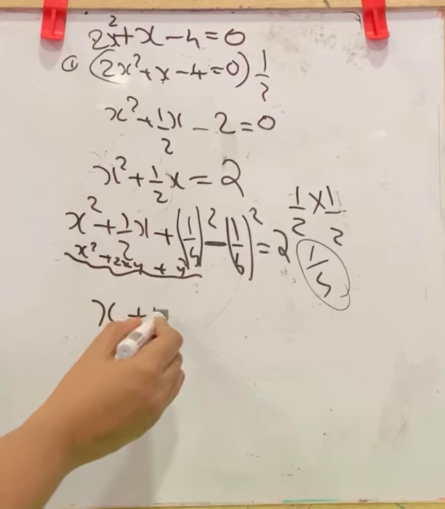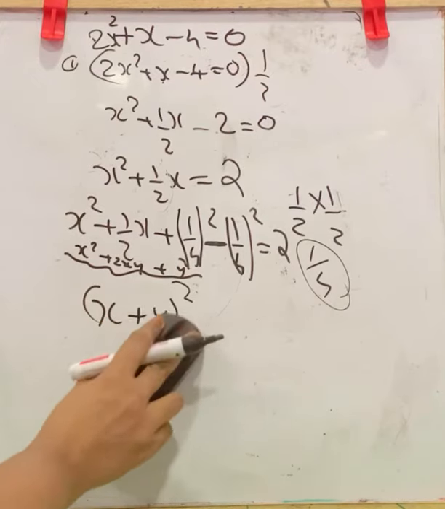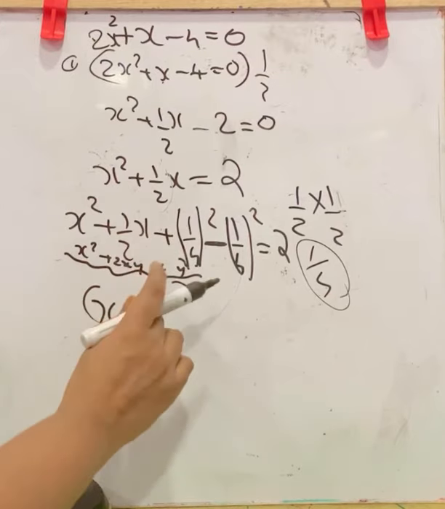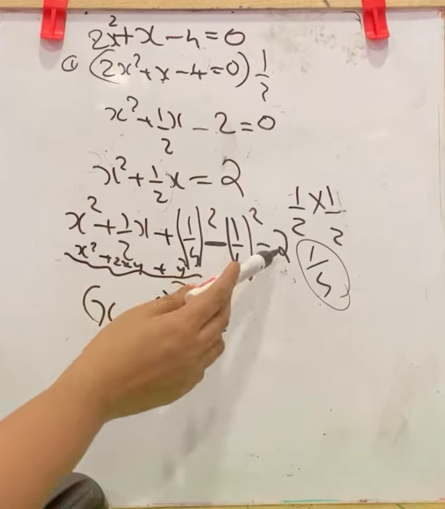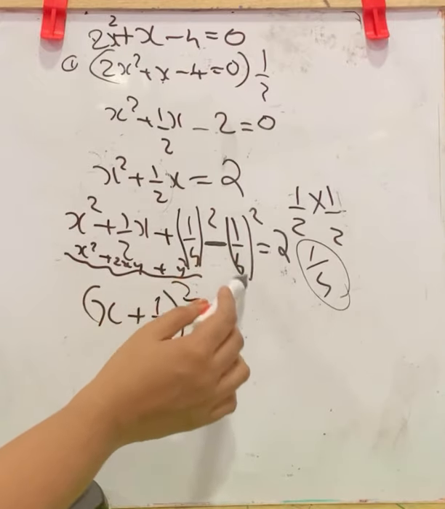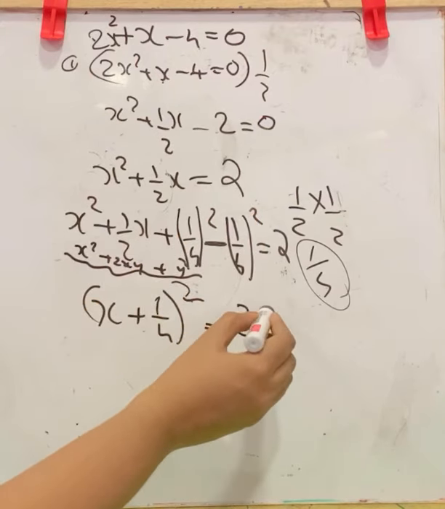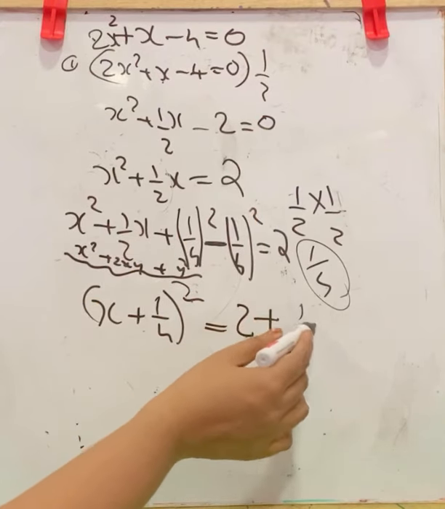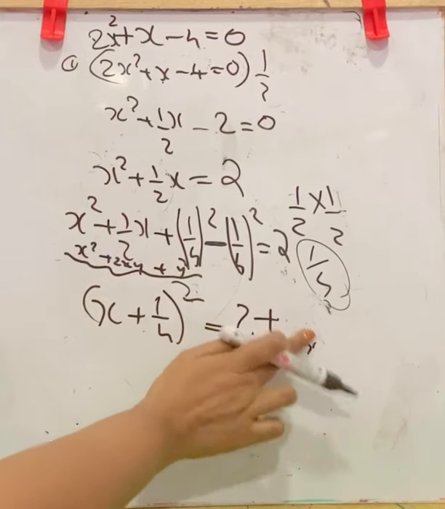So x plus y whole square means here already x, instead of y we will write 1 by 4. Here it is 1 by 4 whole square equal to, here we have already 2 in RHS. Take this minus 1 by 4 square to RHS. It becomes 2 plus 1 by 4 whole square, and it is 1 square by 4 square.